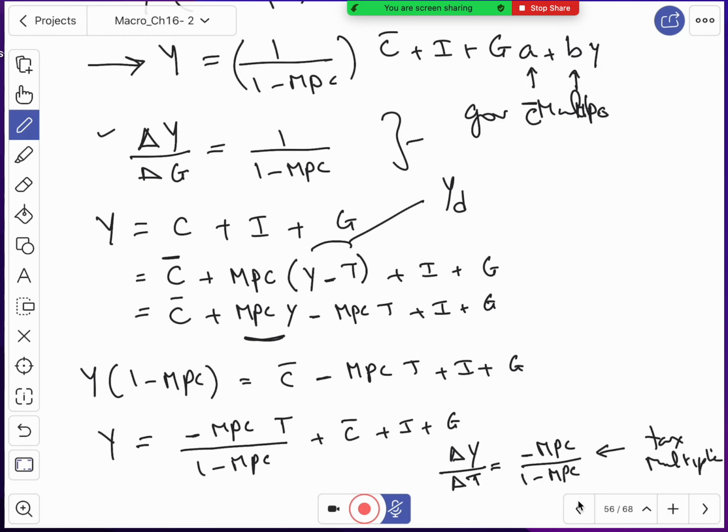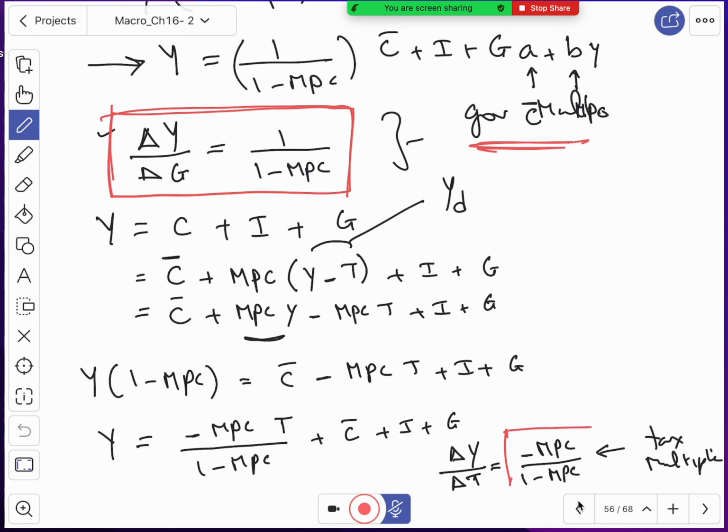So that means we have two types of multipliers as of now. We have the government multiplier, which is the simple one, 1 over 1 minus MPC. And we have MPC over 1 minus MPC, which is what we call the tax multiplier.